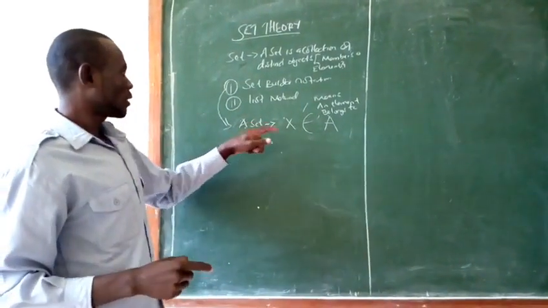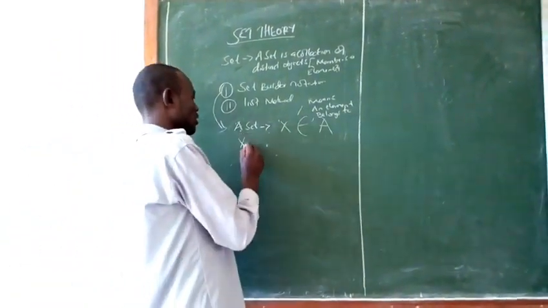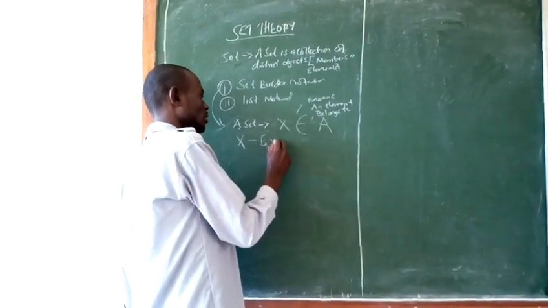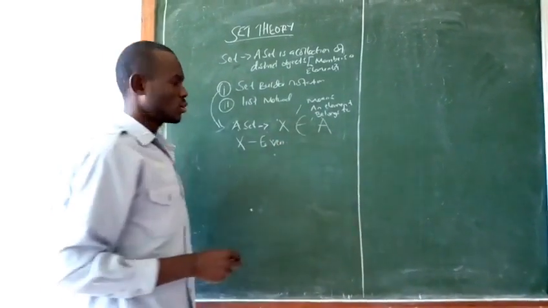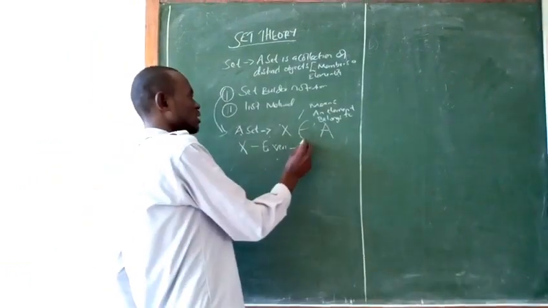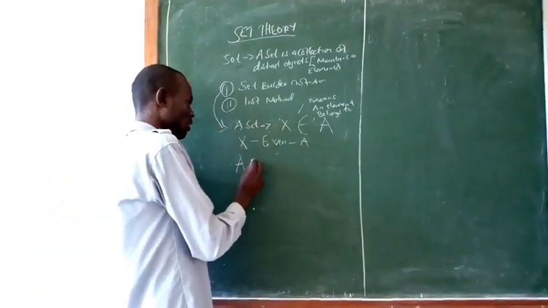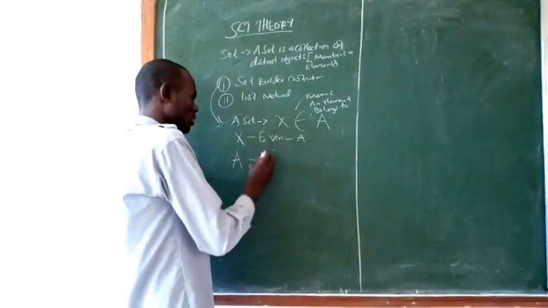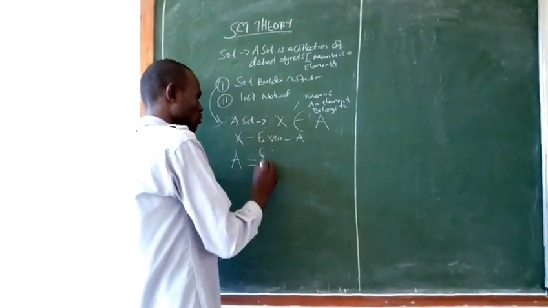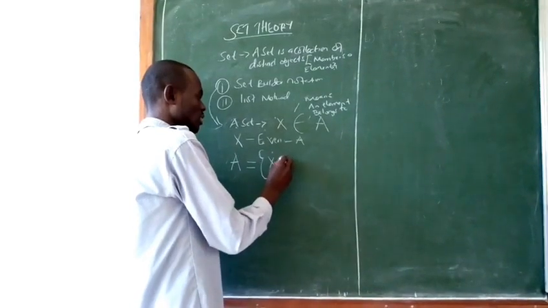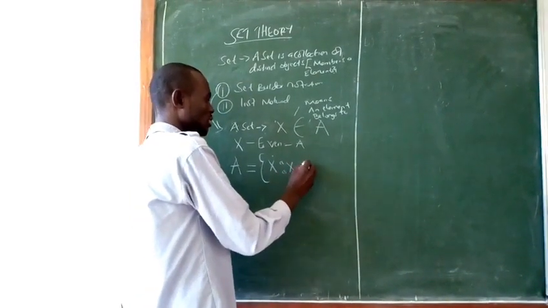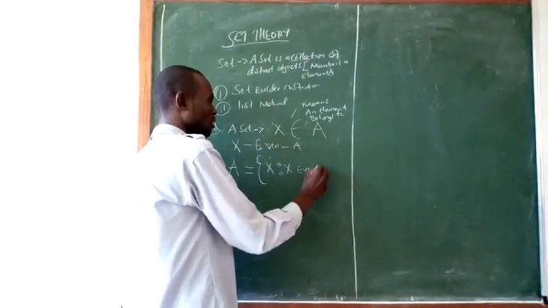So back to our example, let X be even numbers in set A. So you can write A is made up of X such that X are even.